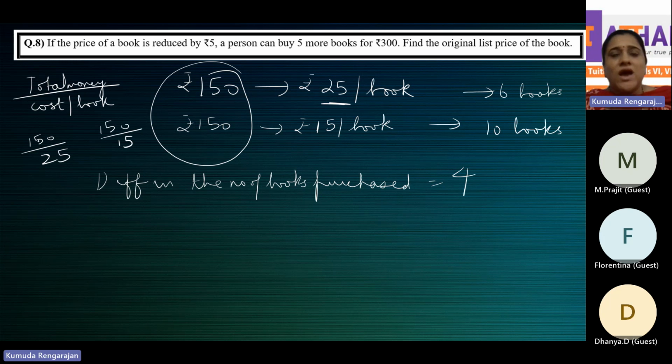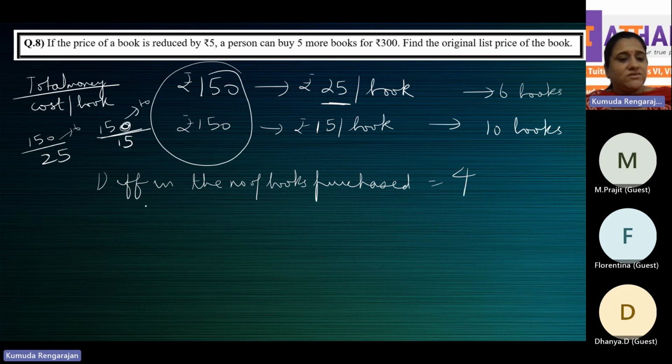The total money, 150, divided by the price per book, 25 rupees, will give you the number of books, 6. Again, 150 rupees divided by the new price per book, 15 rupees, gives 10.